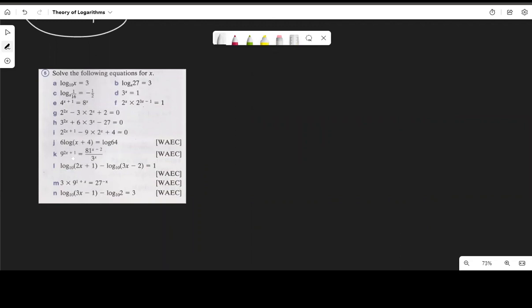We are in question I now. Question I says 2 to the power of 2x plus 1, minus 9 times 2 to the power of x, plus 4 equal to 0.